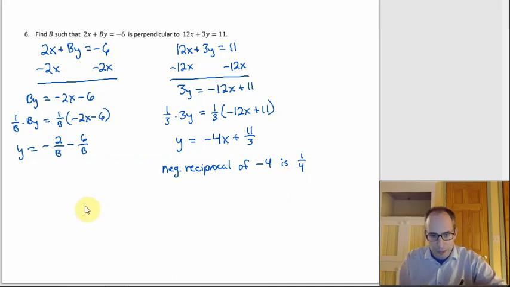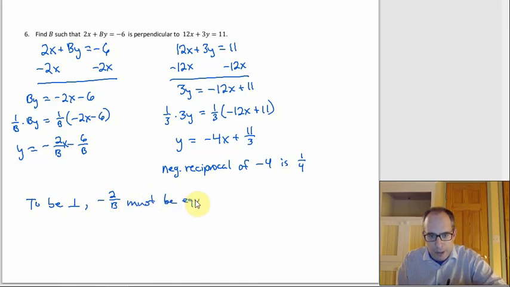So I guess then we'll just say that, to be perpendicular, then negative 2 over b must be equal to 1/4.